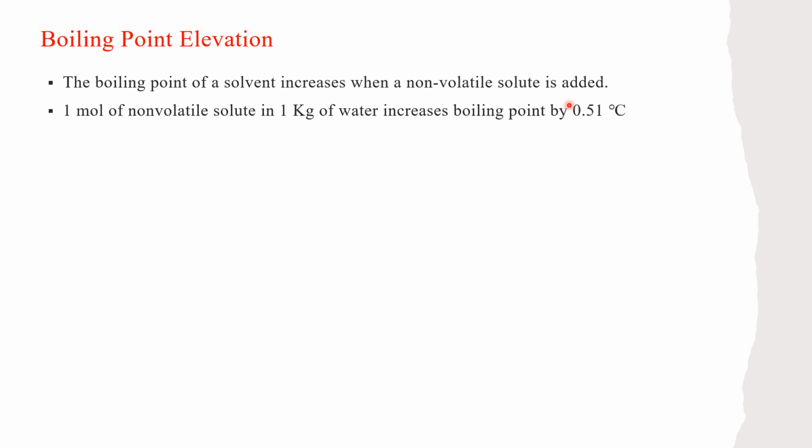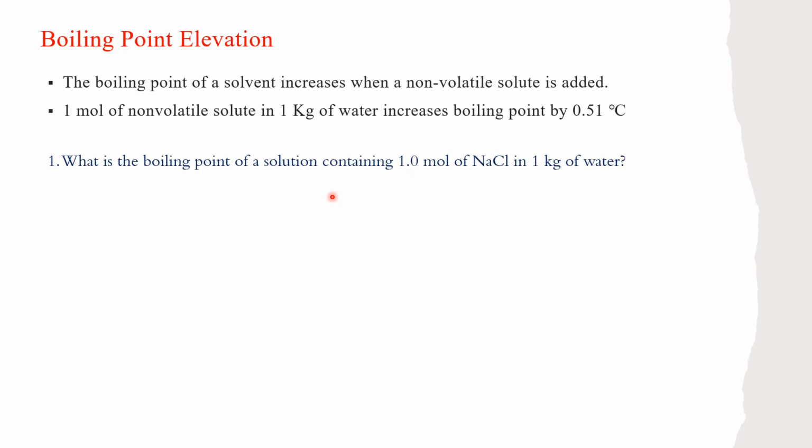This is what we call boiling point elevation. One mole of non-volatile solute in 1 kilogram of water increases the boiling point by 0.51 degrees Celsius. This is what we call the boiling point elevation constant. Let's go and find an example.